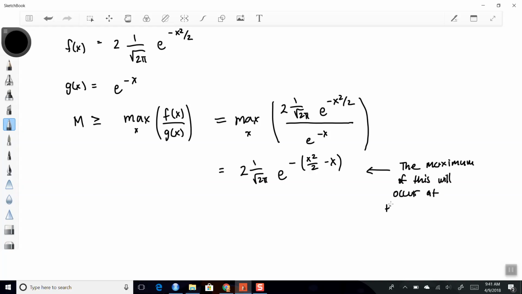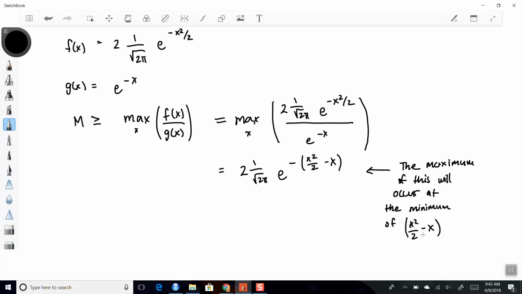At the minimum of x squared over 2 minus x, right? Because it's raised to the negative. So if we can minimize this, this will be the maximum value of this whole thing, and then we can just plug in the x there, right?